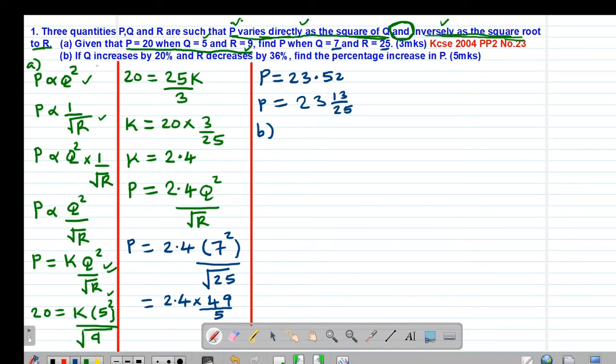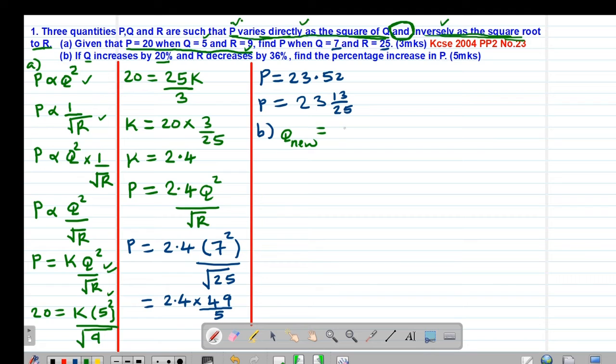So we are going to find the new value of Q, that is after the increase. Remember, the original value of Q was just Q. So after the increase, we are going to have a new value of Q. An increase of 20% simply means 20 plus 100, which will give you 120. It's just like the profit.